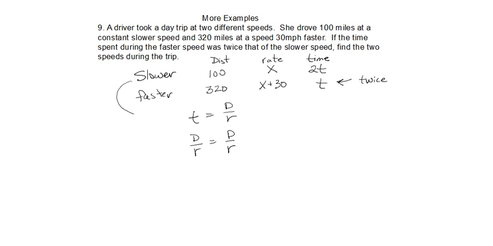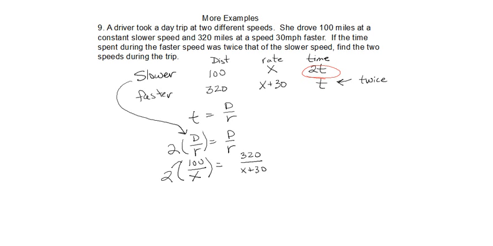So if we want our slower speed to be the first one, we're actually going to multiply the d over r times 2 because it is really 2t. So let's plug in. We're going to have 2 times 100 over x equal to 320 over x plus 30.